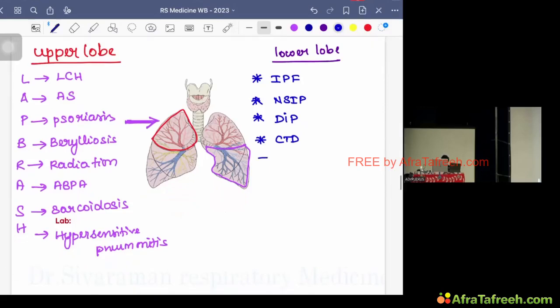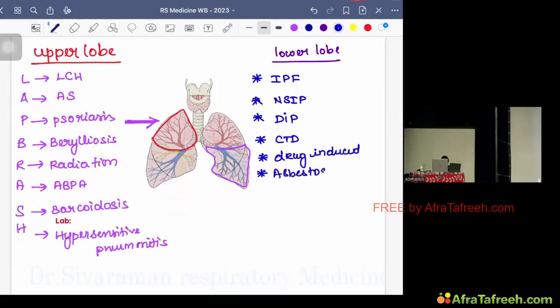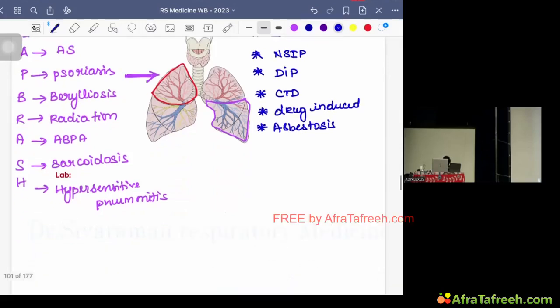Then drug induced, then asbestosis, and here you can also add silicosis.